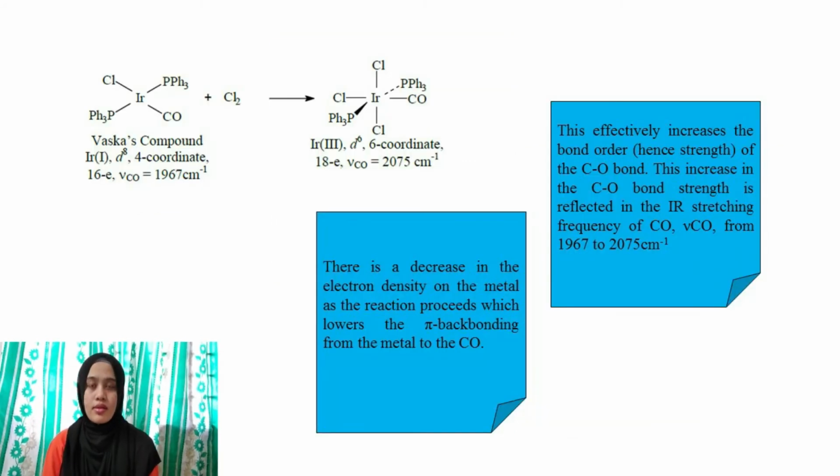Okay, this is the example of center metal and ligand. As we can see, there is a decrease in the electron density on the metal as the reaction proceeds, which lowers the pi back bonding from the metal to the CO. This effectively increases the bond order, hence the strength of the CO bond.